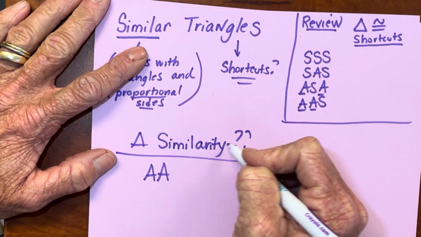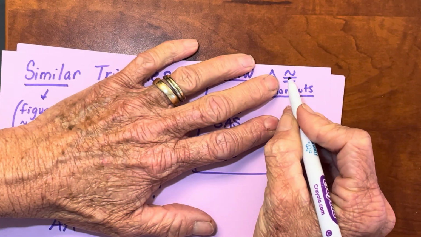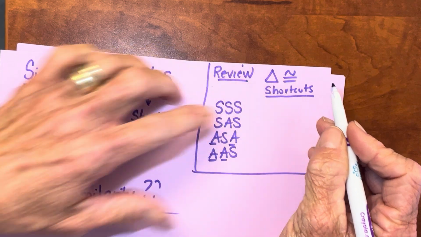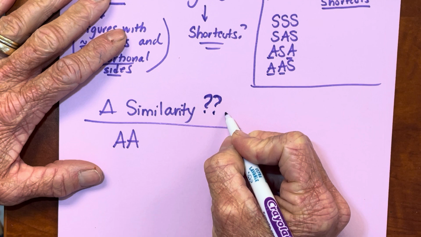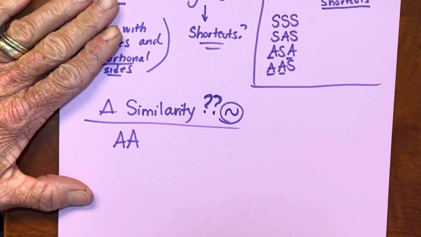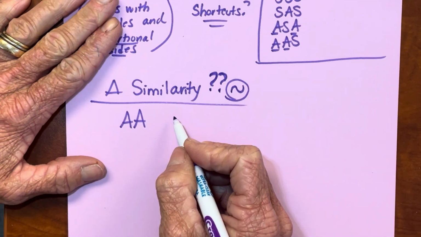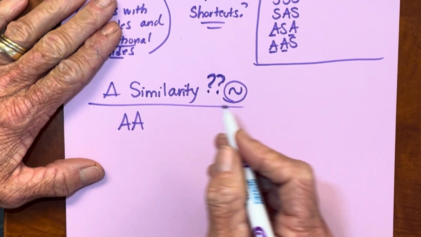And remember that the symbol for similarity, unlike congruence, is the congruent symbol without the equal sign underneath it. So it's just the tilde there. Okay, so angle-angle is going to guarantee similarity.